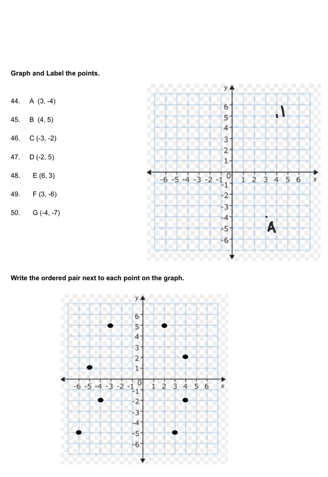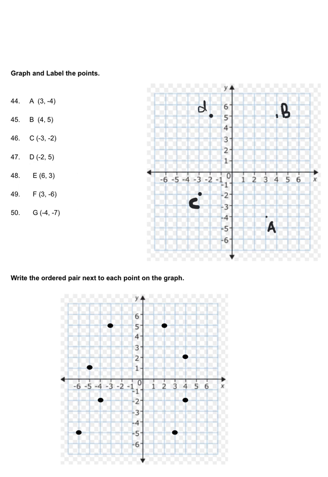And that's letter B. Letter C is at -3, -2, which is right here. Letter D is at -2 and 5, which is up here. That's letter D.